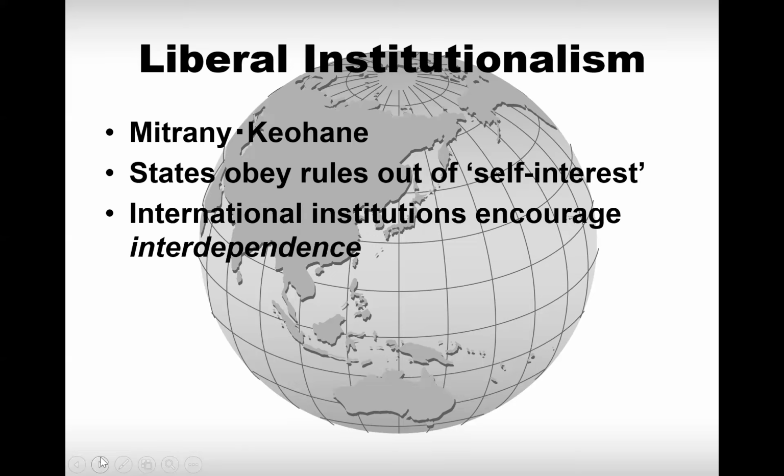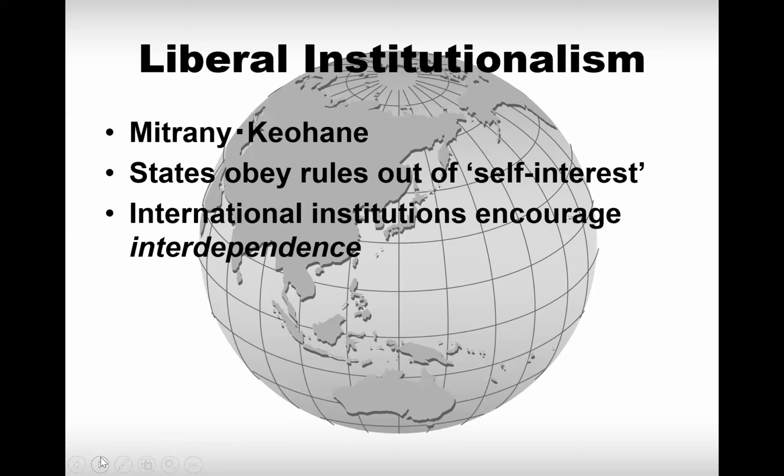So international institutions such as the European Union and also regional security alliances such as the US-Japan Security Alliance, the Association of Southeast Asian Nations, the African Union. So international institutions and regional institutions encourage interdependence. We see this also within the United Nations system itself. So there is an interest.